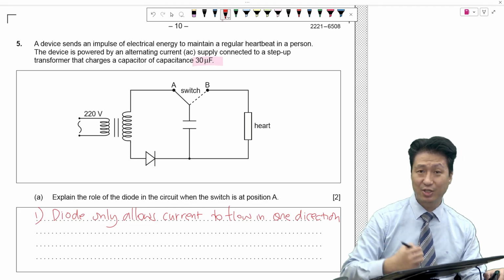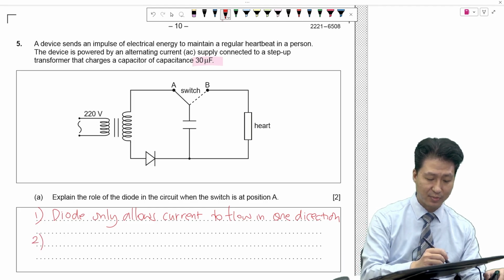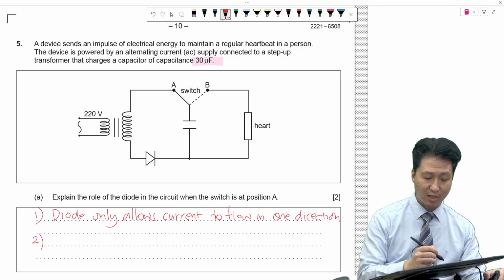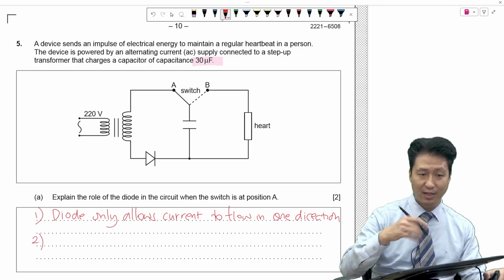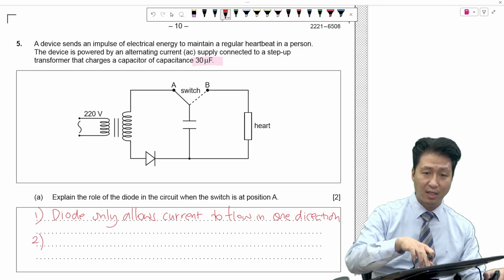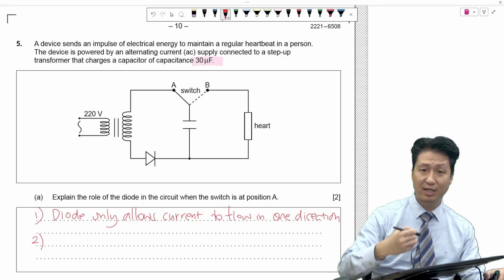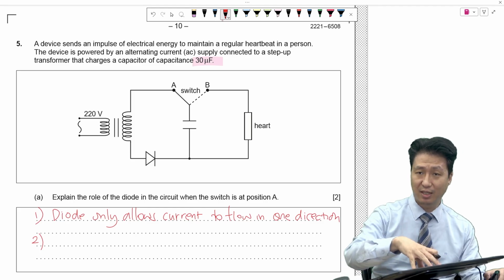If you connect it to a transformer or AC power supply, it would change the voltage-time graph so that it only has the positive side.